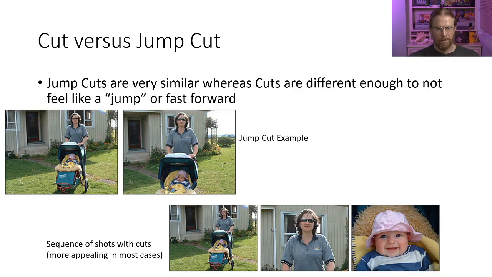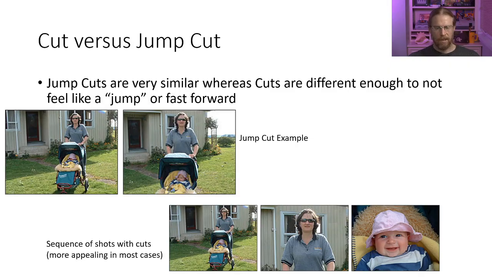If you jumped from her walking, where she's further back, and then suddenly jump to her much closer, then that's what a jump cut would be, and it feels like a fast forward if you experience it. Whereas if you want to use cuts in that sequence of her getting closer, you would need to change the framing substantially.